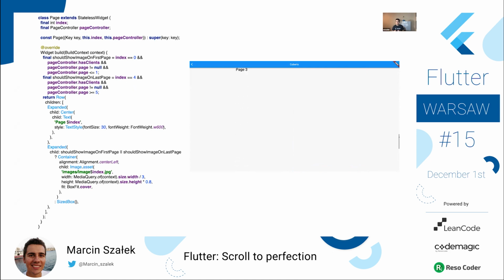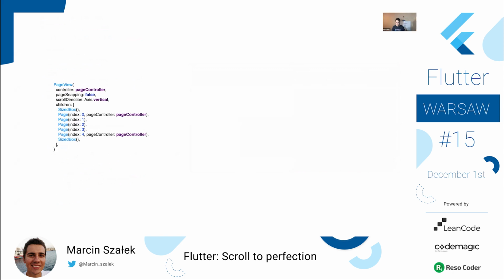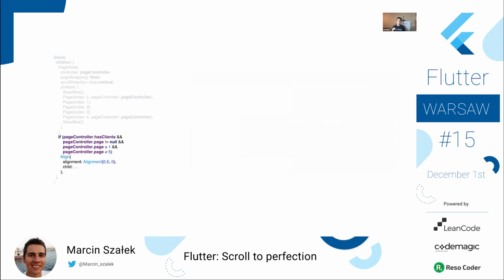All right. So after we did it, as I said, you can use stack to replace widgets. So we will use the stack and we'll have the opposite condition. Previously it was smaller than 1 and greater than 5.